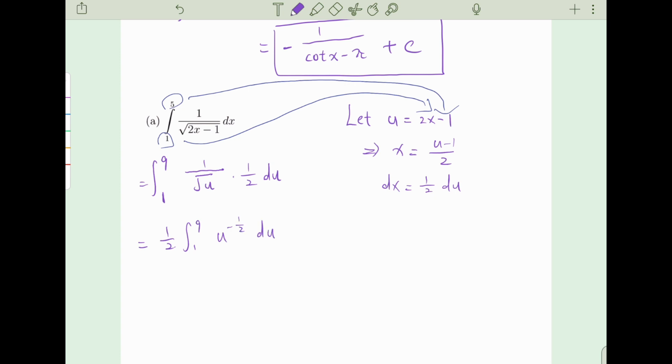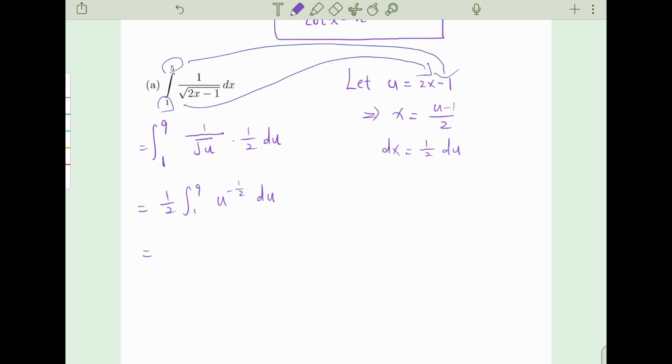Okay, so now I plug in the formula. This becomes just u to the 1/2, with the upper bound 9 and lower bound 1.